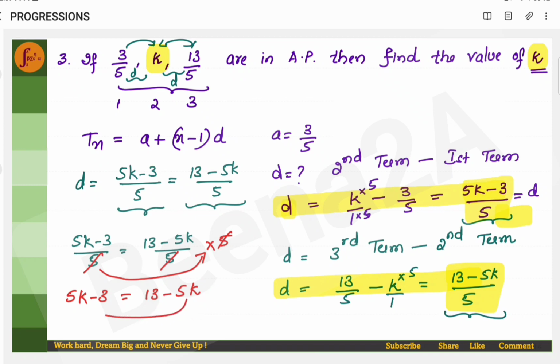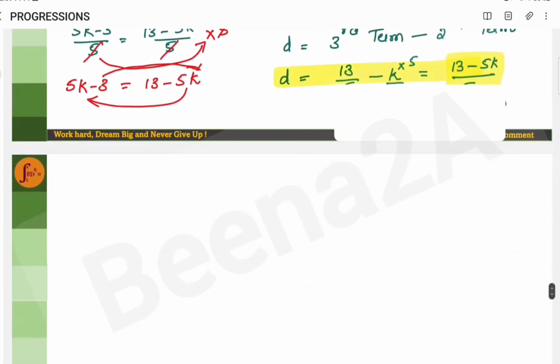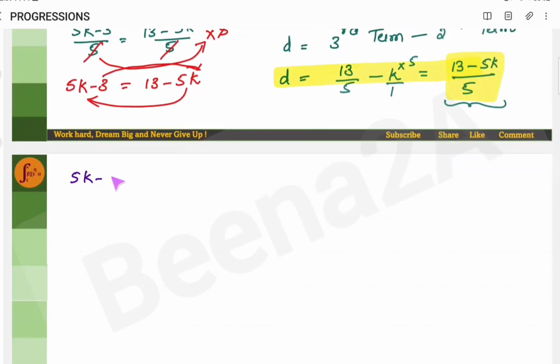Let's bring similar terms to one side and the numbers to the other side. 5k minus 3 is equal to 13 minus 5k. I'll pull this here, so minus 5k will become plus 5k when I shift it to the other side.